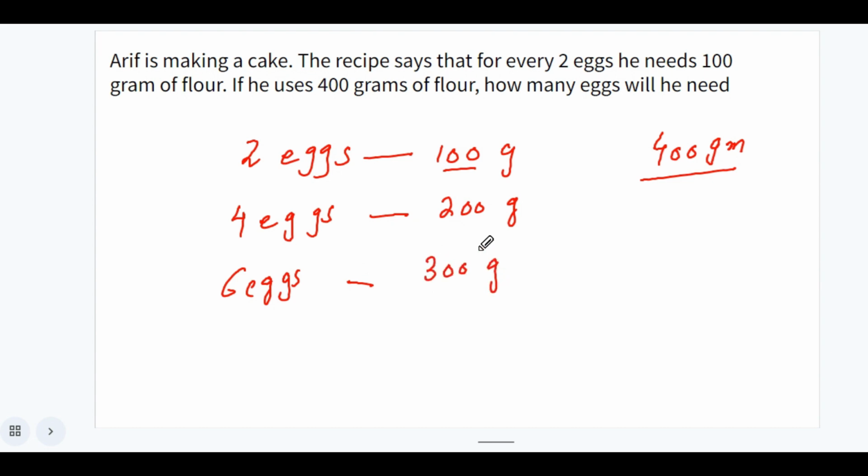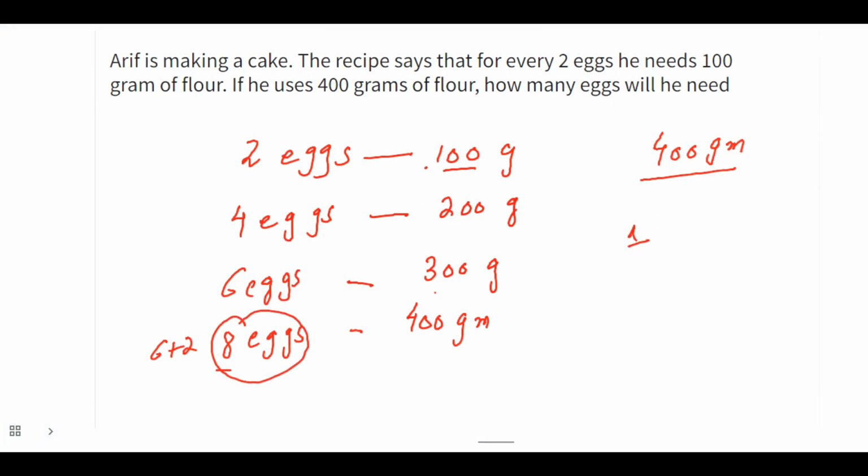Now the next 2 eggs, I'm adding 2 eggs, so 8 eggs will be needed. 300 plus 100, that is 400 grams of flour. Look, we have reached 400 grams of flour. How many eggs do you need? 8 eggs. Understand? It means 8 eggs is your answer. So this is one way of doing it.